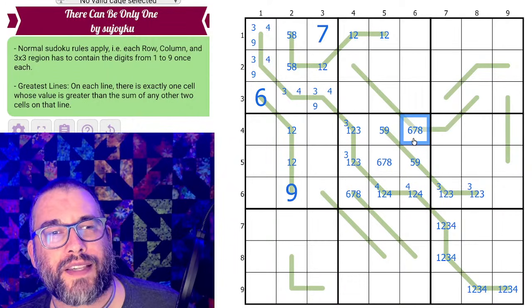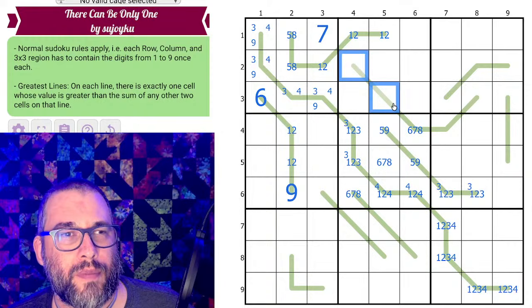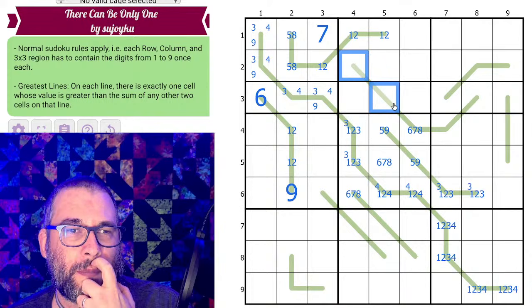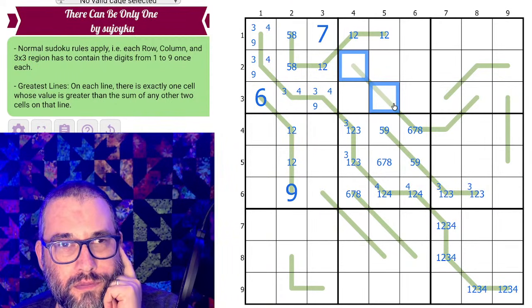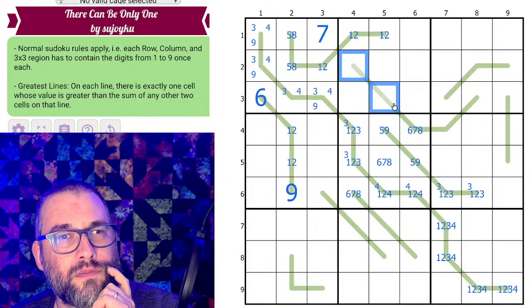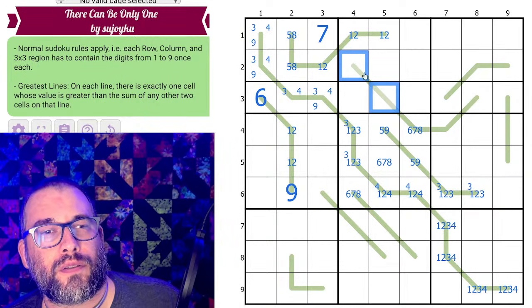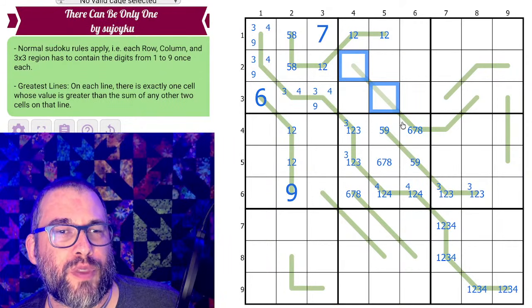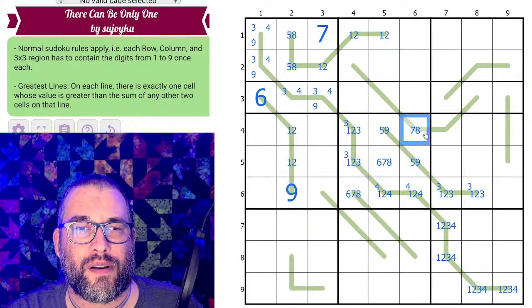So I think this has to be the high digit because of these cells being 3 at minimum 3, 4. So these are minimum 3, 4. Therefore, this certainly isn't 6, and it's not 7 either.